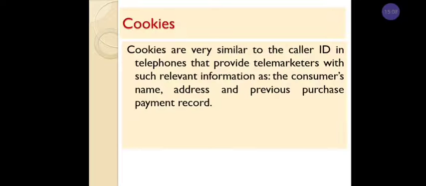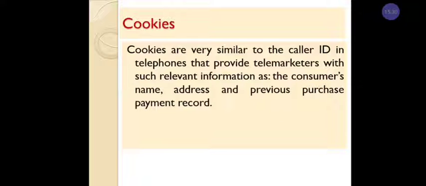And the second one, we have cookies. You can expect this for 2 marks. It's very important. Cookies are very similar to caller ID. They provide information regarding the customer ID, that is name, address, previous purchase, payment record.